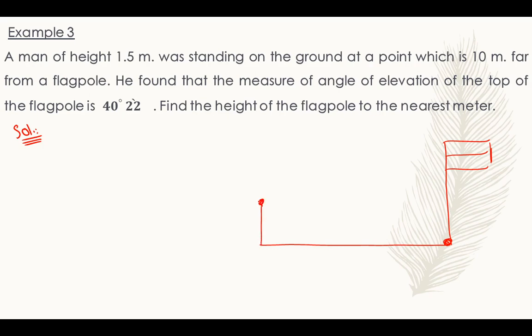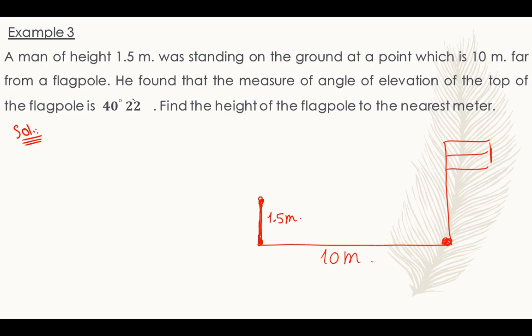So this is the man, we will draw it here, of height 1.5 meters. The man was standing on the ground at a point which is 10 meters far from a flagpole. So the man is at a distance of 10 meters from the base of the flagpole.